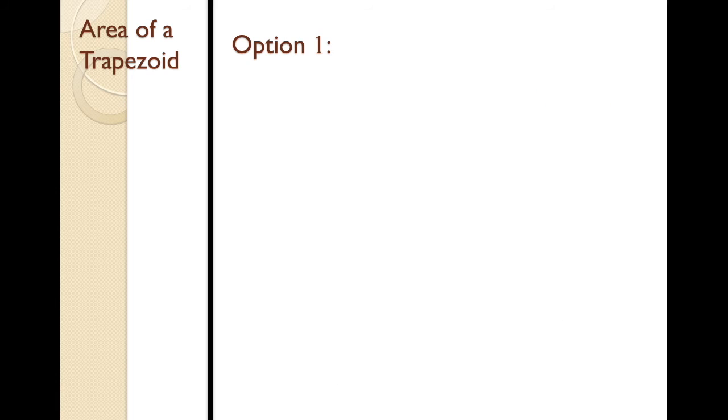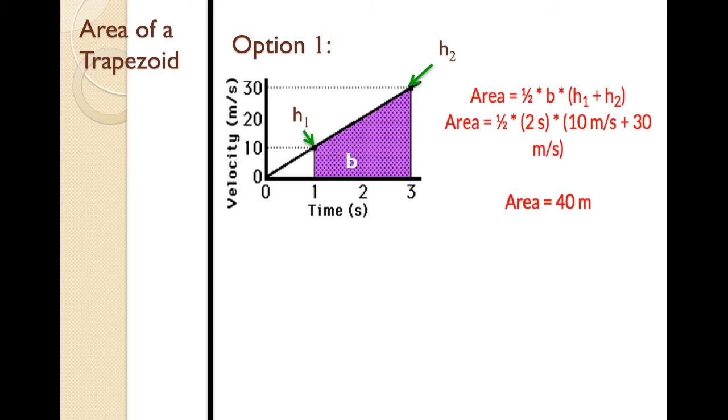An area for a trapezoid. You have a few options. You can use the equation for a trapezoid, which is 1/2 times the base times height number 1 plus height number 2. For example here, because the trapezoid is just this area here, you're trying to figure out the displacement between seconds 1 through 3.